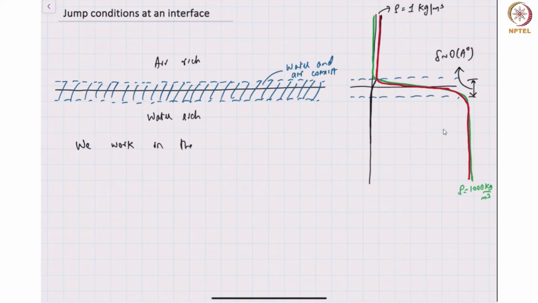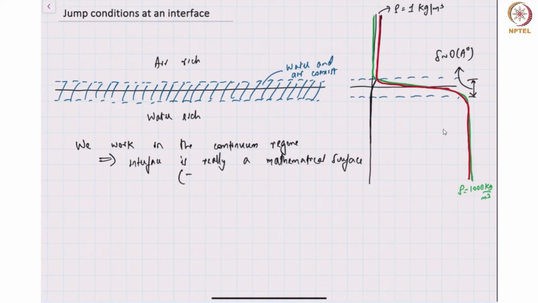We work in the continuum regime, and this means that the interface is really a mathematical surface. In other words, zero thickness. I can assume that the interface has zero thickness.